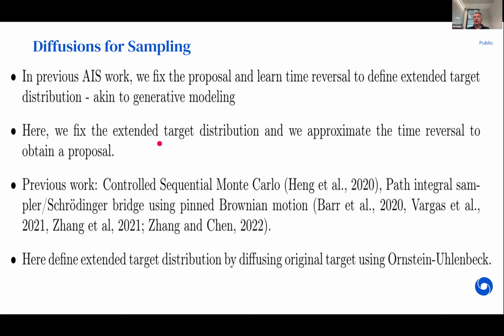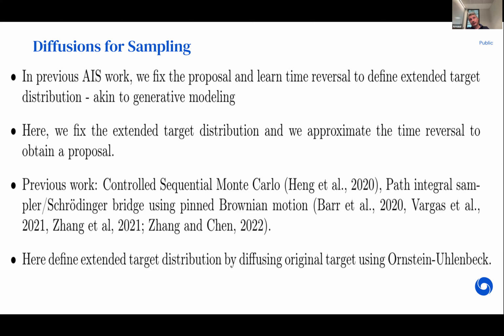So here we're going to do something quite different. This time we fix the extended target distribution on path space, and we're going to approximate the optimal proposal based on this extended target distribution. So in the previous part of my talk, I was fixing the proposal and trying to learn an extended target to reweight my samples efficiently.